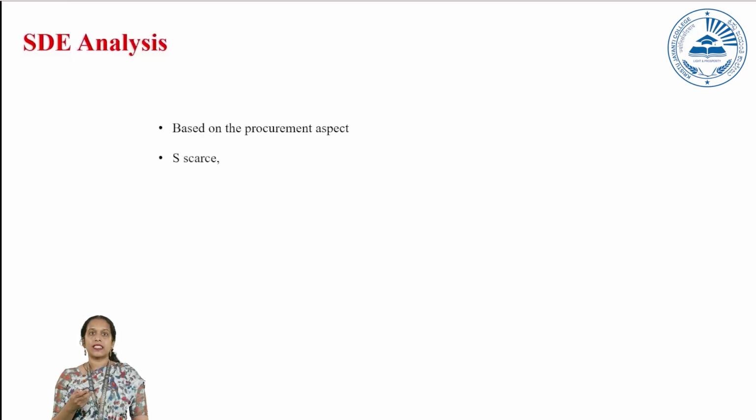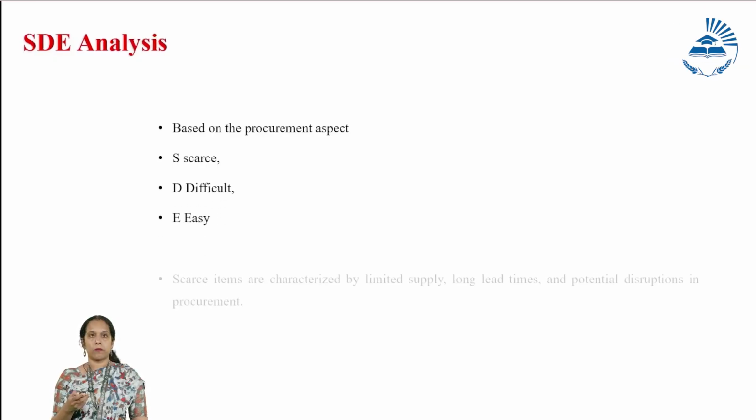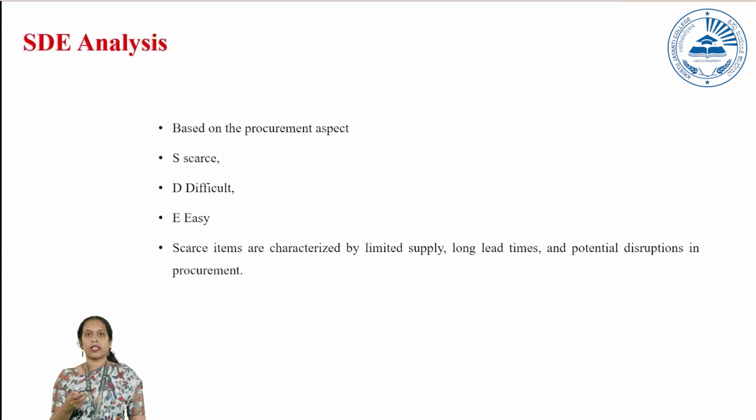Here S is scarce, D is difficult, E is easy. We are going to see them one by one. Scarce items are those where the suppliers won't be easily available. Sometimes there will be only very limited supply. Mostly the companies won't even get these resources, so for these inventories they should be really careful.